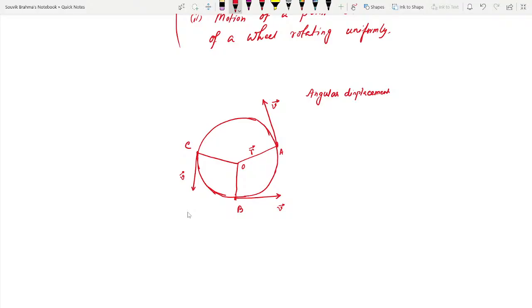The angular displacement of a particle moving along a circular path is defined as the angle swept out by its radius vector in the given time interval. Correct? Let me write the definition for you.